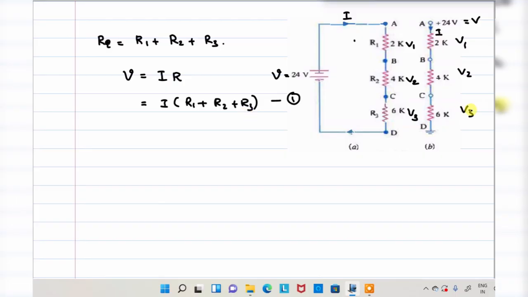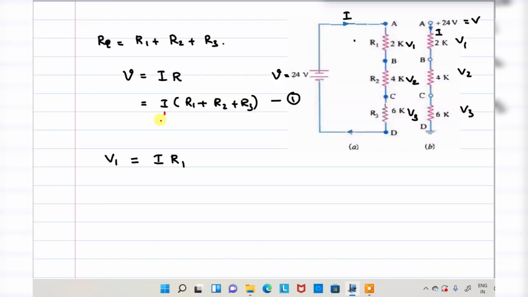Next, once you have this equation, for example, I want the voltage drop across R1. That will be V1 is equal to I into R1, by Ohm's law. What is I in this case?